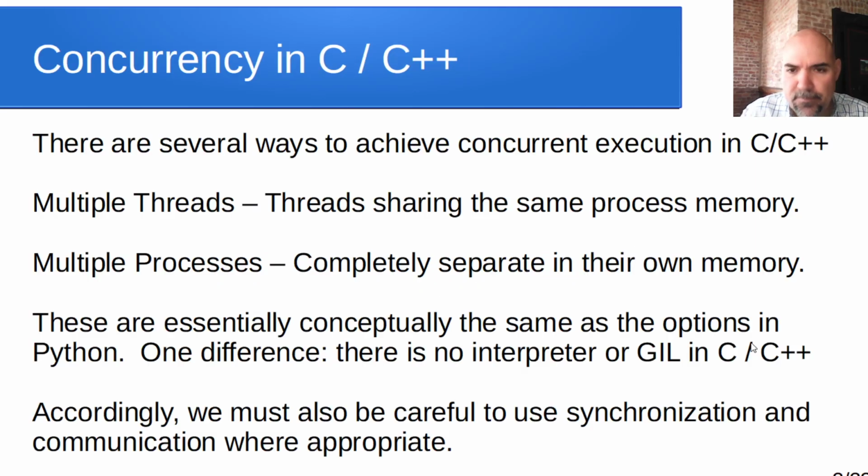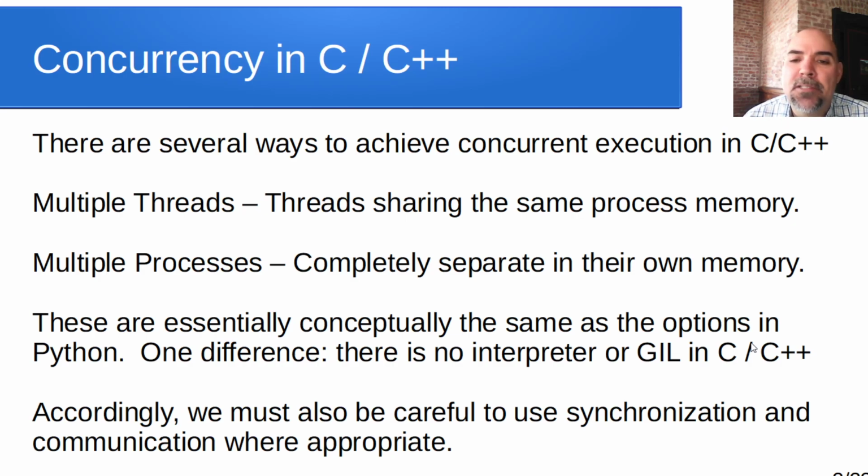And one of the things is that just like in Python, in C and C++, there are really a couple ways we can go about getting concurrent behavior. One is by having multiple threads, same concept as in Python. The other is by having multiple processes.